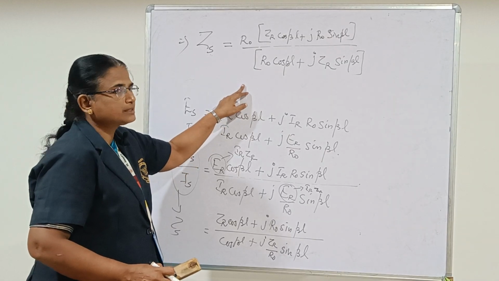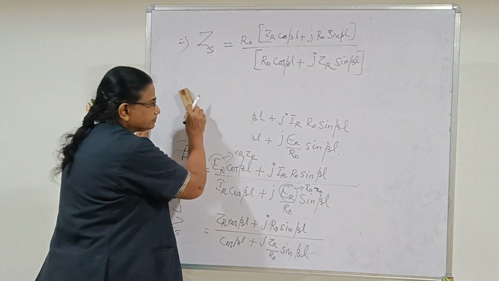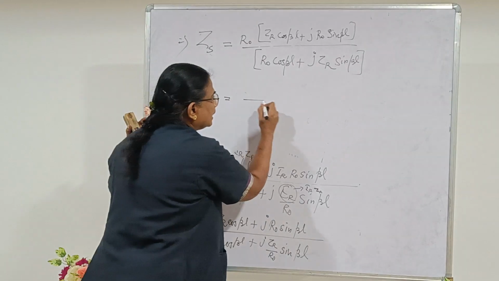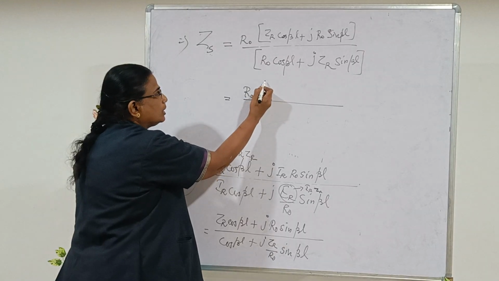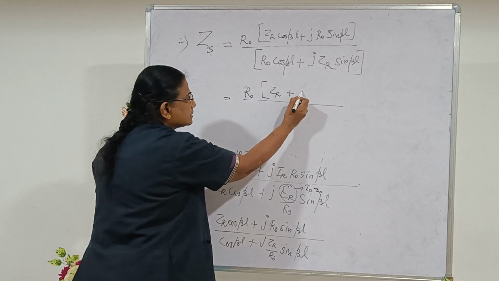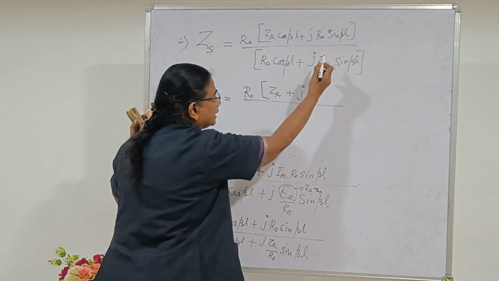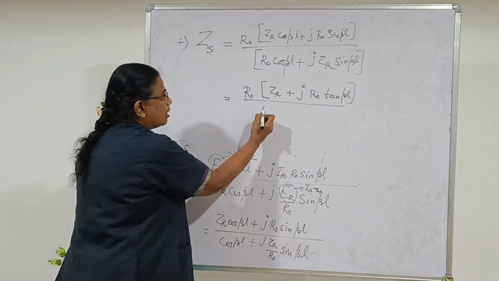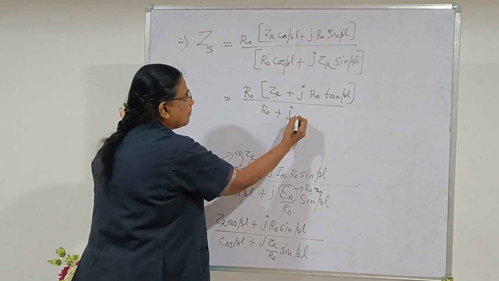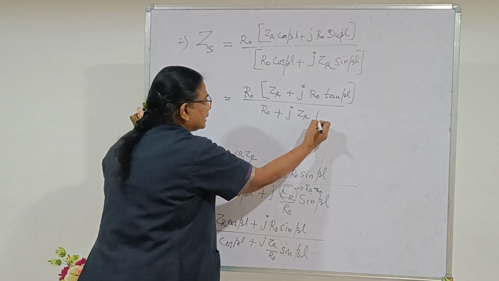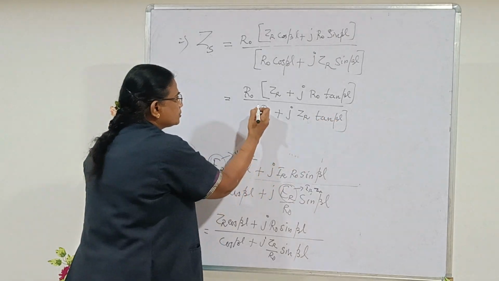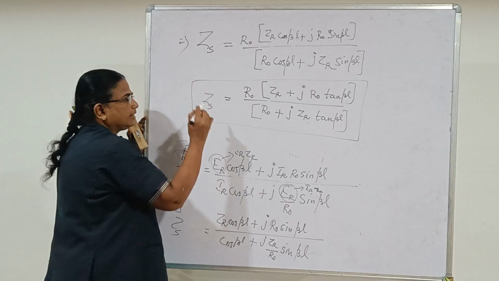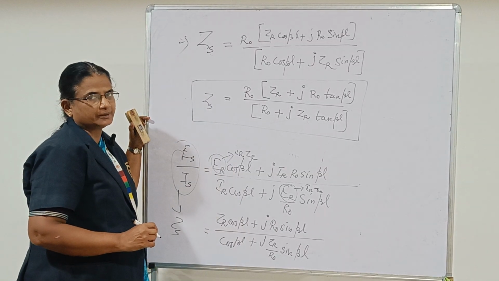There is another form, where you divide the numerator and denominator by cos beta L, so that you have ZS as R0 into ZR plus J R0 tan beta L, divided by R0 plus J ZR tan beta L. This is another form of the sending end impedance of a dissipationless line, or a line of zero dissipation.